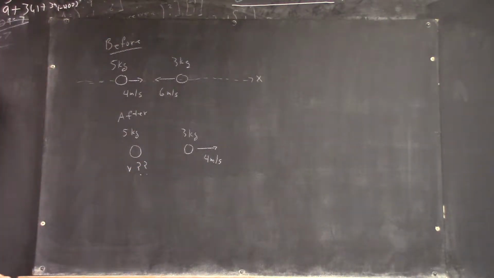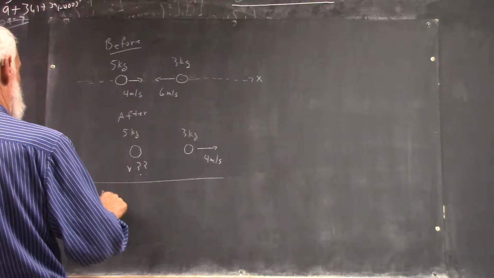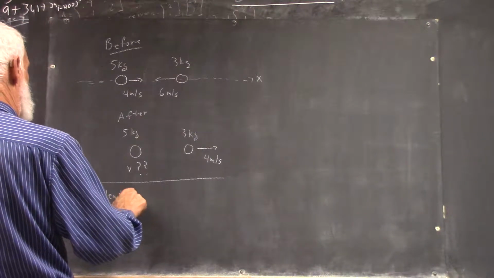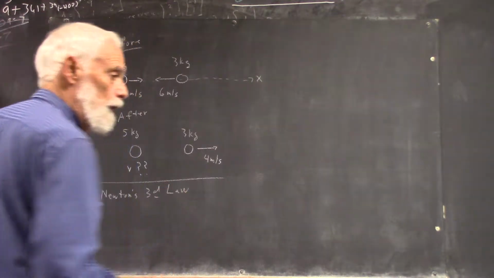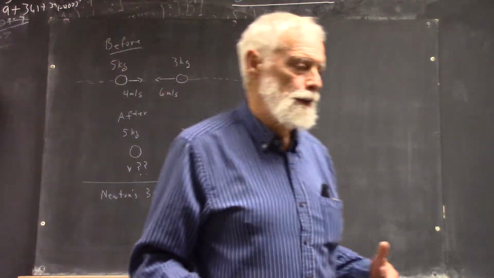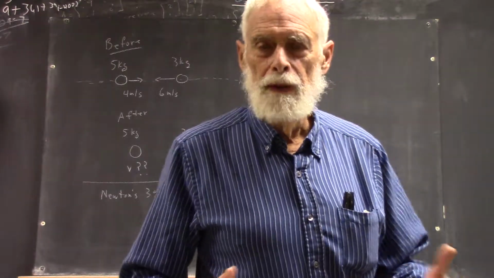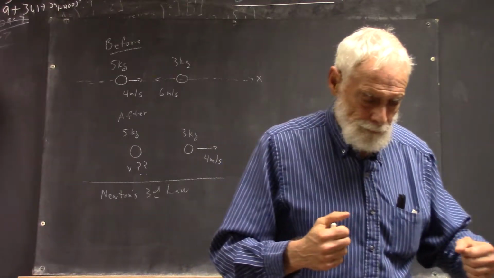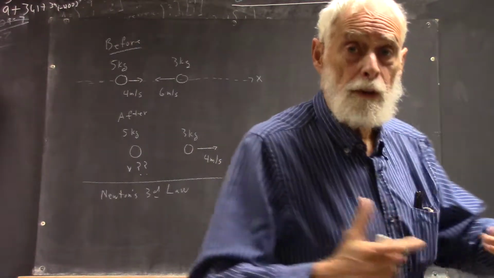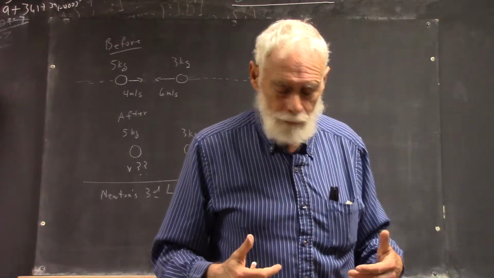How are we going to determine the velocity? Well, Newton's third law, the law of action-reaction, says if you and I collide, hopefully not at too great a speed given my frailty, the force I exert on you is equal to the force you exert on me, but in the opposite direction.